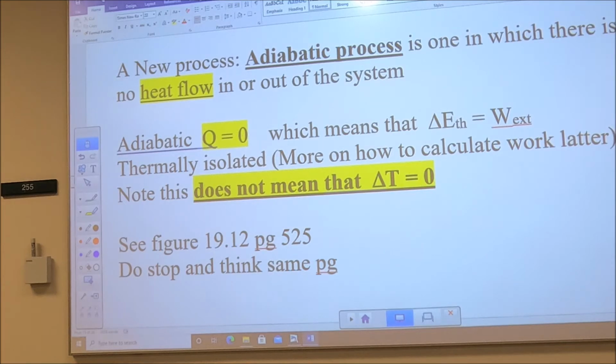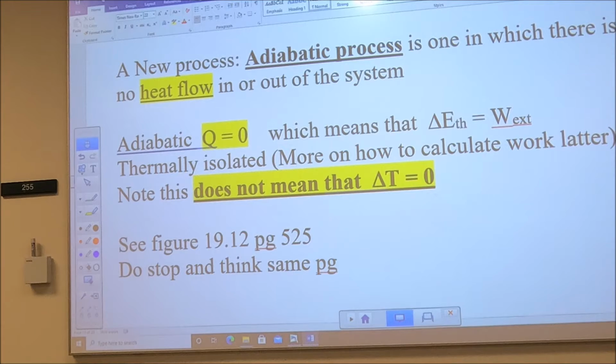In an adiabatic process, Q is 0. It's an insulated system, so that no heat flows in or out. So in an adiabatic process, the change in thermal energy of the system is due totally to external work.